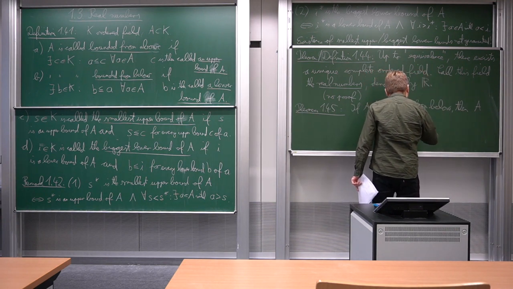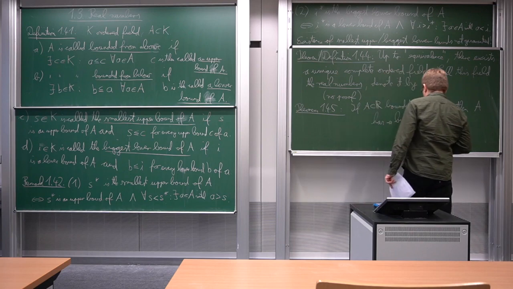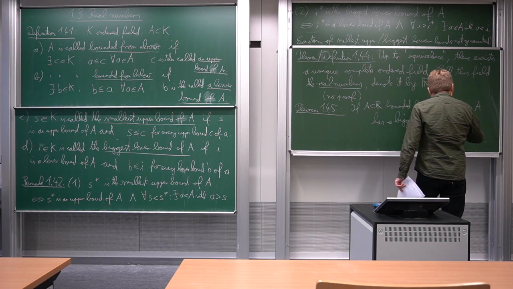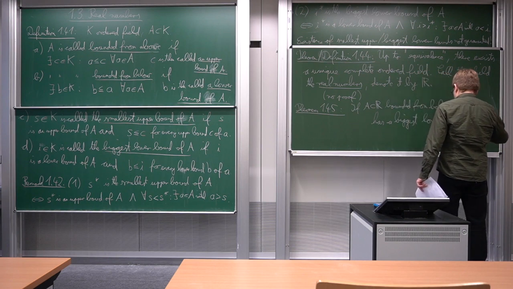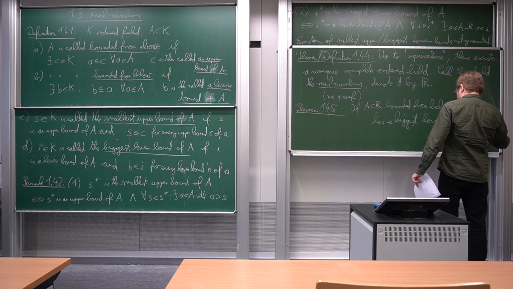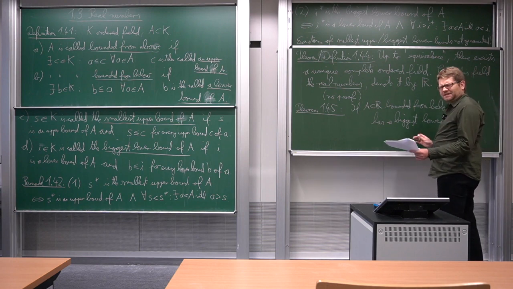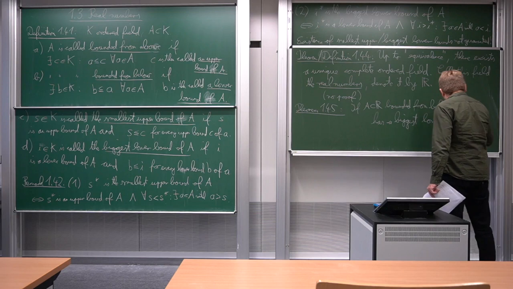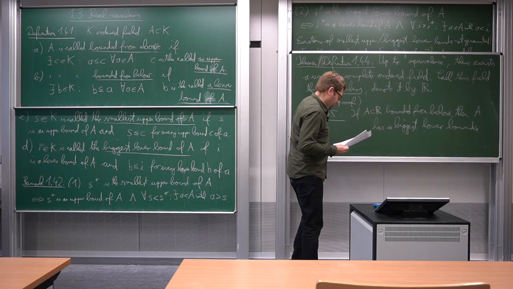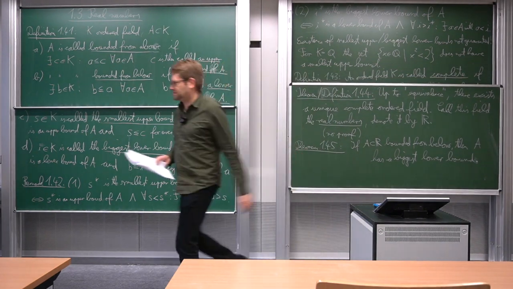So it's indeed enough to demand the existence of smallest upper bounds to get biggest lower bounds to exist. Sorry, has a biggest lower bound. Okay, this follows automatically, but for the proof of this, I have to quickly erase the blackboard.